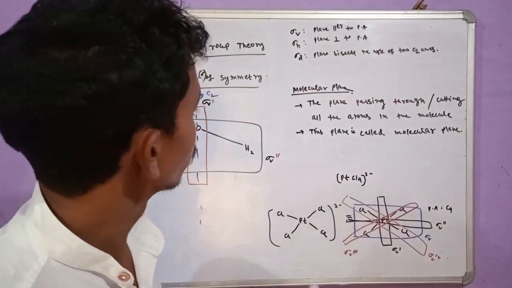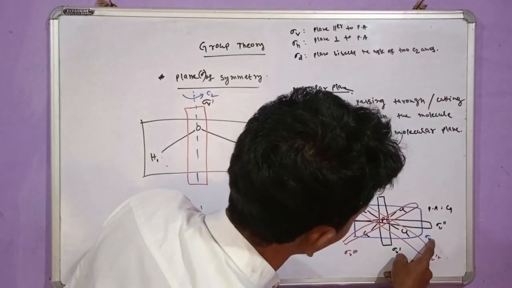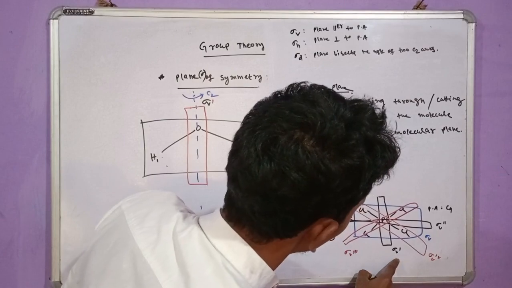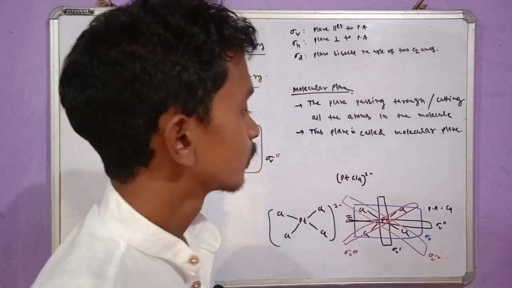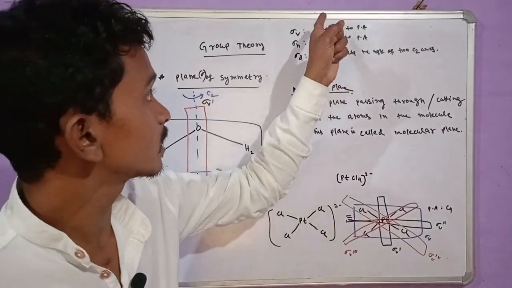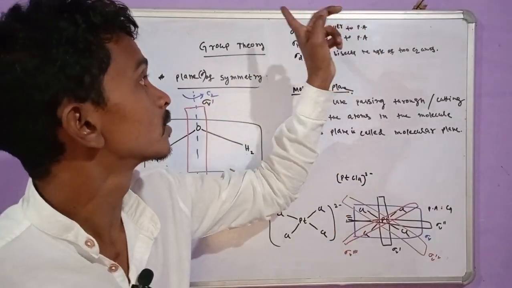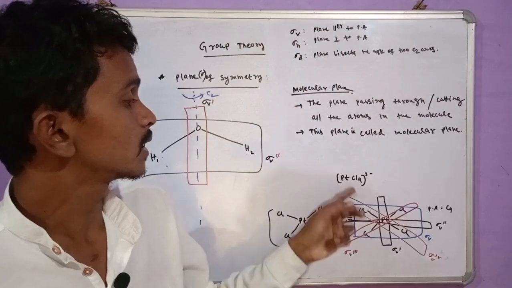How many planes have we passed here? This is one molecular plane, and 1, 2, 3, 4, 5, so in total 5 planes. Now we want to know which plane is sigma v, which is sigma h, and which is sigma d.